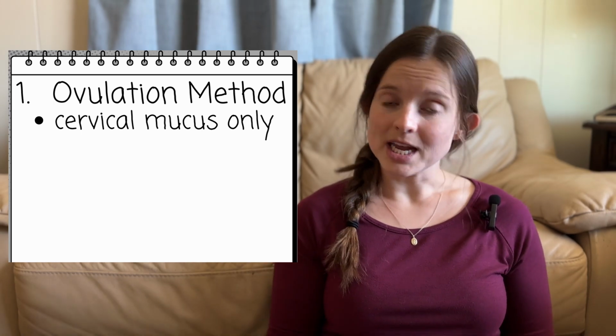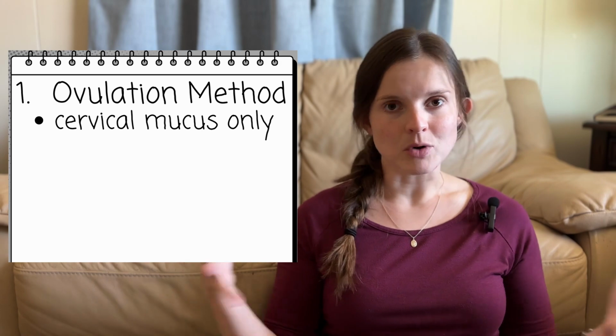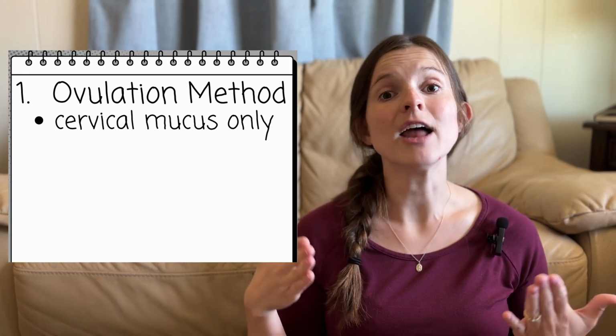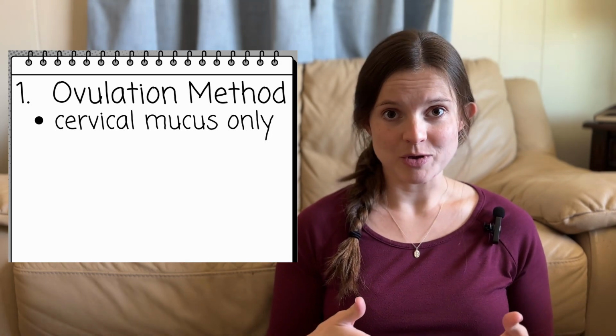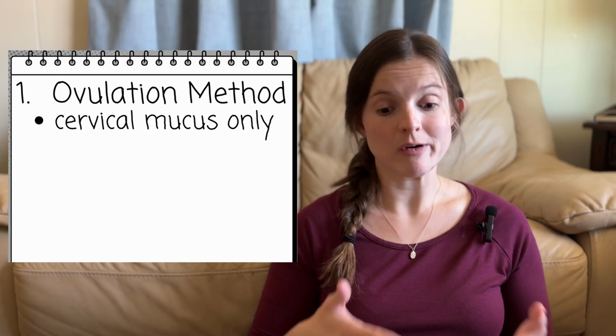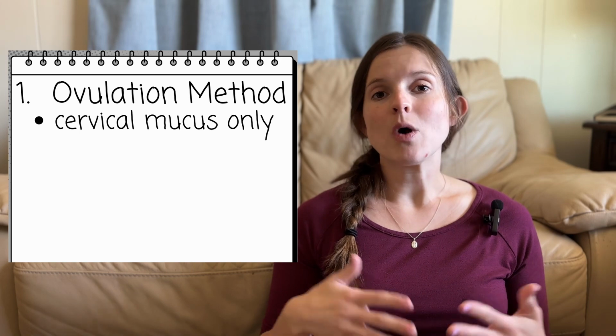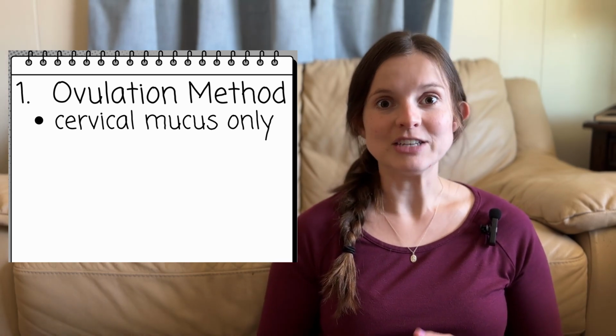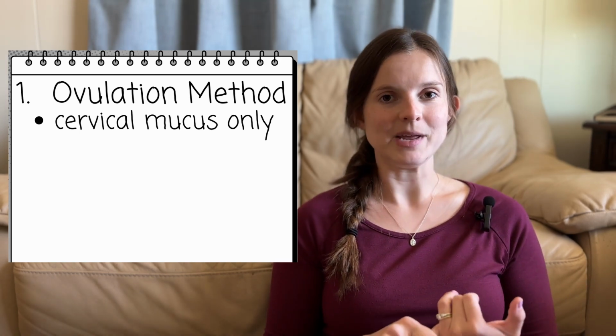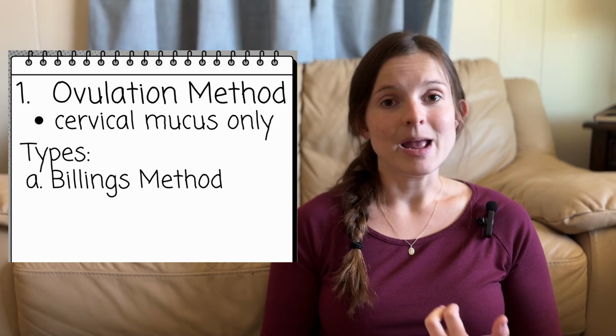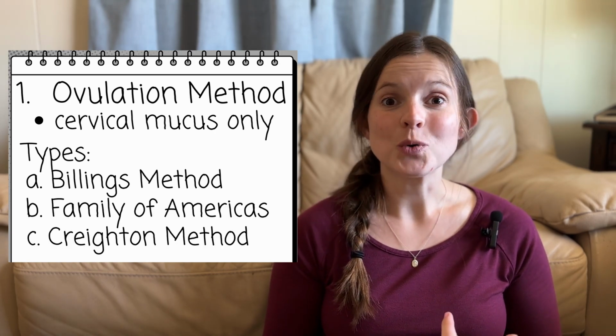These ovulation methods, the first umbrella term, only look at cervical mucus to determine your fertile window, when a woman is fertile and when she's infertile throughout her cycle. Some examples of these ovulation methods are the Billings method, Family of the Americas, and the Creighton method.